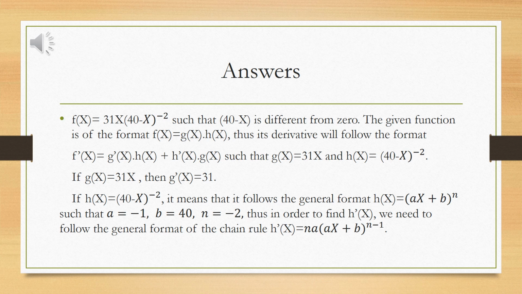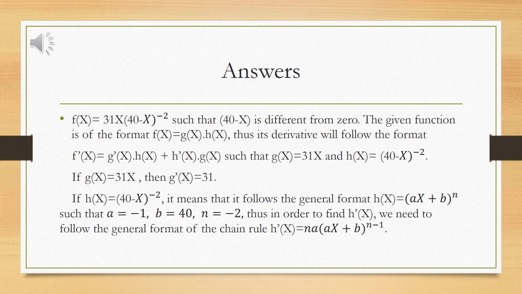If g(x) is 31x, then g'(x) is 31. If h(x) is (40 - x)^(-2), it means that it follows the general format h(x) = (ax + b)^n, such that a equals -1, b equals 40, and n equals -2.